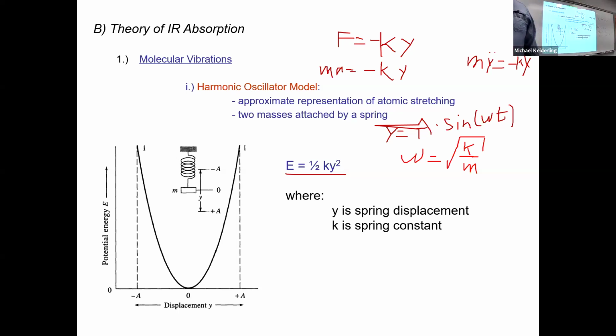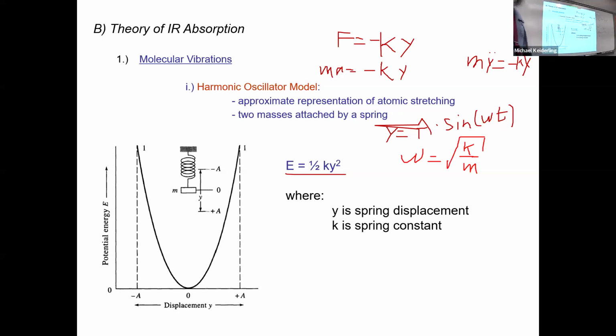This is an approximate representation of atomic stretching. It works well for the lower energy levels. At the higher energy levels, it tends to distort a little. It's effectively two masses attached by a spring. So if you had a spring with a couple of balls on each side, think about how it would wobble.